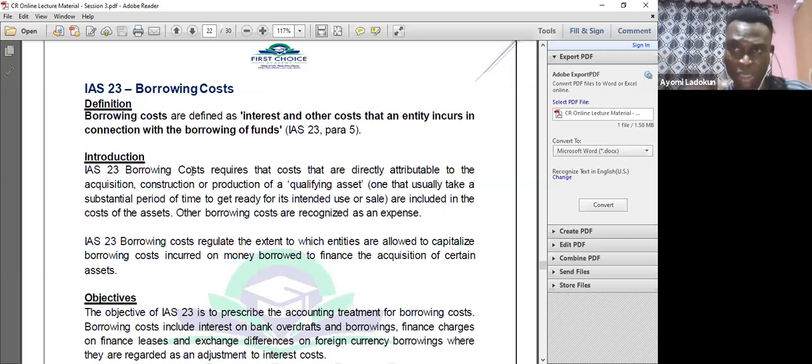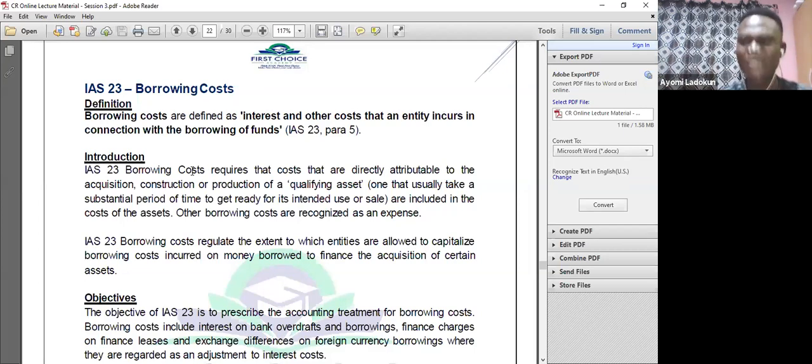Before the standard was issued, if I go to the bank and borrow money, the charge associated with that borrowing of funds will be recognized in profit or loss. That means I will expense it.